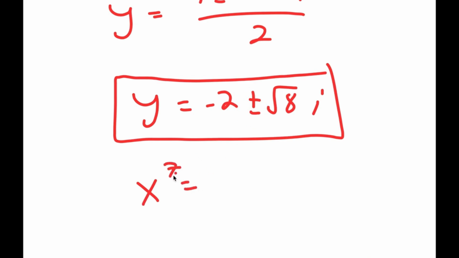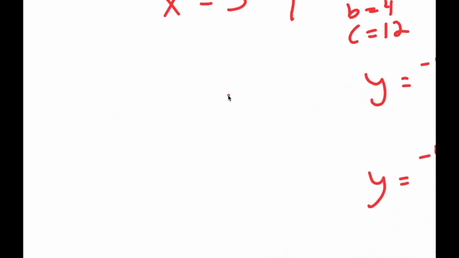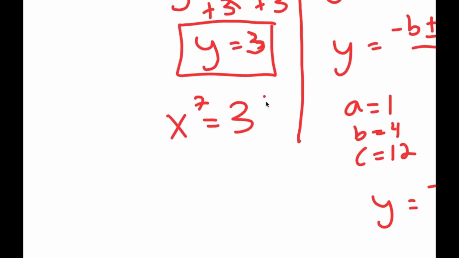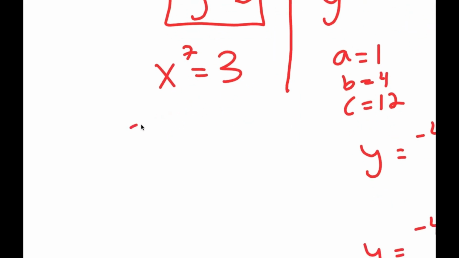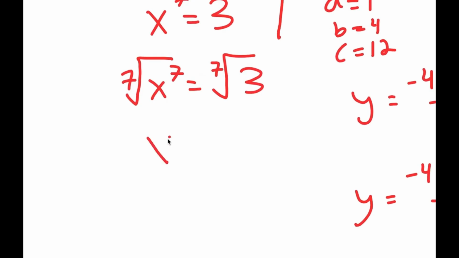However, you can't take the power of a number and make it equal to an imaginary number. So we cannot use these two values of y. And the only value of y that we can use is 3, because this is a whole number, not an imaginary number solution. So if x to the power of 7 is equal to 3, to solve this, I'm going to take the 7th root on both sides. So I get the 7th root of x to the power of 7 is equal to the 7th root of 3. The 7th root of x to the power of 7 is x, so I get x is equal to the 7th root of 3.